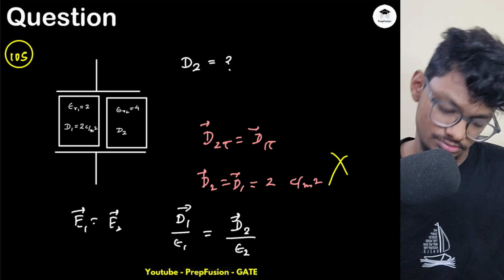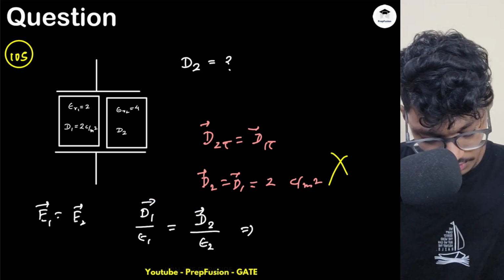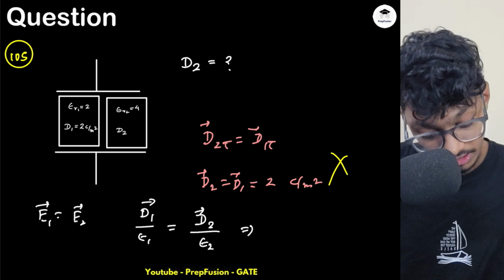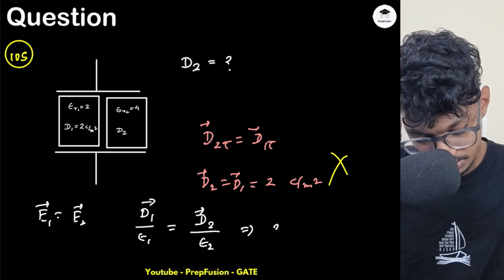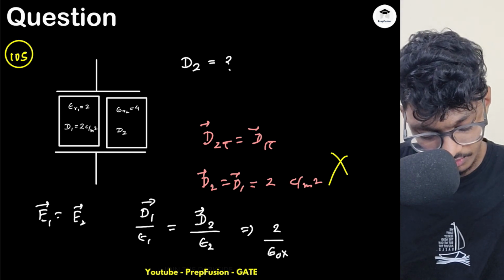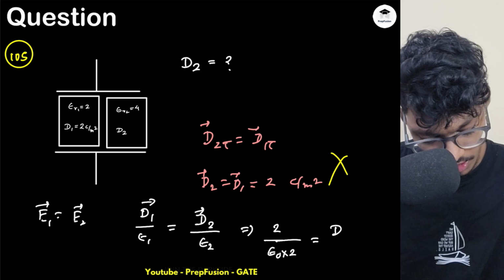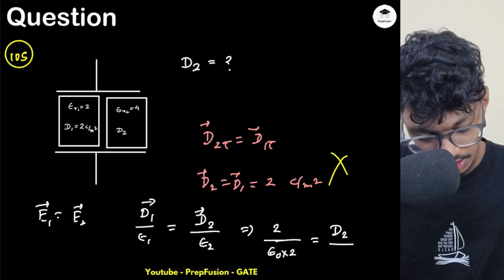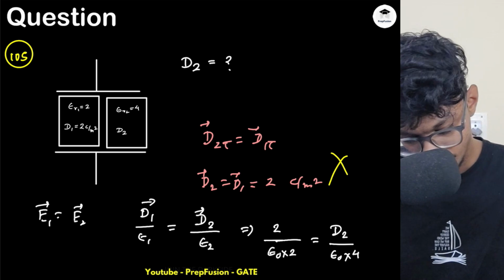Okay, so what do I get? Now I can equate, right? Now what is my D1? D1 is 2. Epsilon 1 is epsilon naught into epsilon R1. What is epsilon R1? It is 2, equals D2. D2 is unknown only, and epsilon R2 into epsilon naught, so it is 4 times epsilon naught.